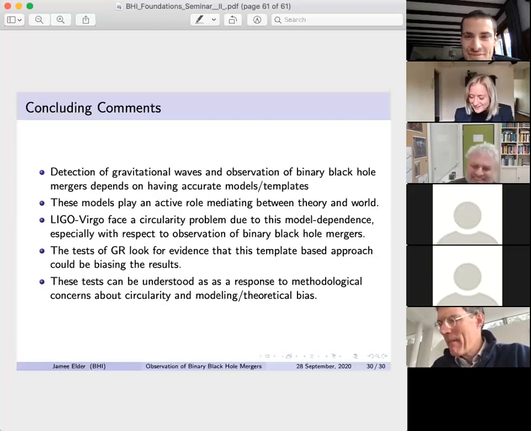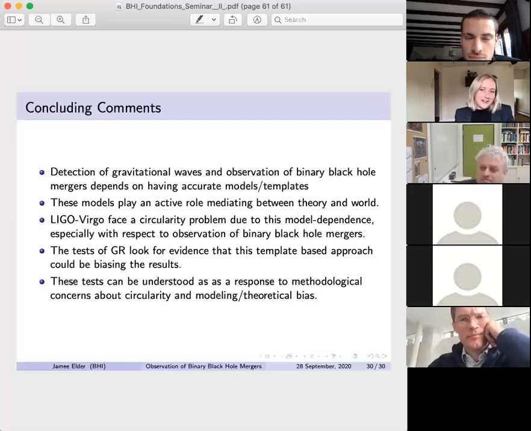So where to start? I think the framing I have in mind is that LIGO Virgo would really like to find deviations from GR. They would like to find some kind of evidence that something doesn't quite match up with predictions.